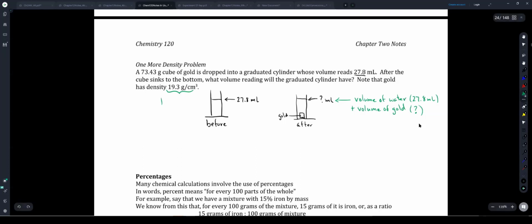In other words, 19.3 grams of gold. I can't say is equal to 1 centimeter cubed, but I can say they are equivalent, which is just as good. That symbol means equivalent.